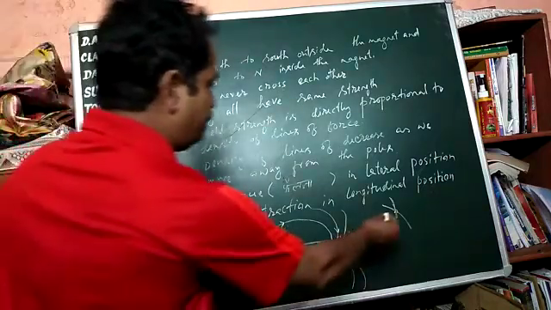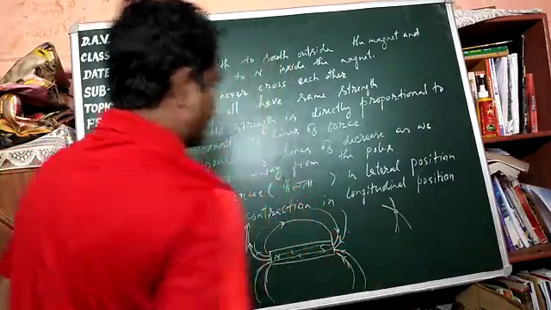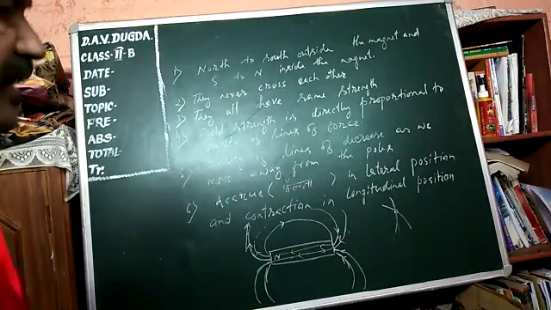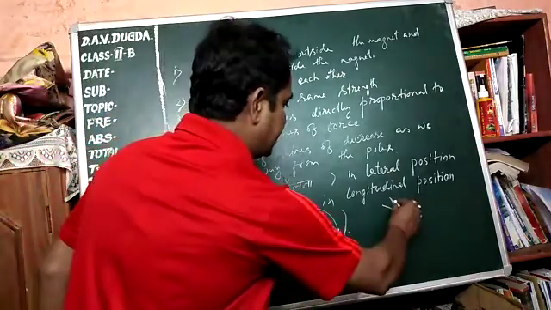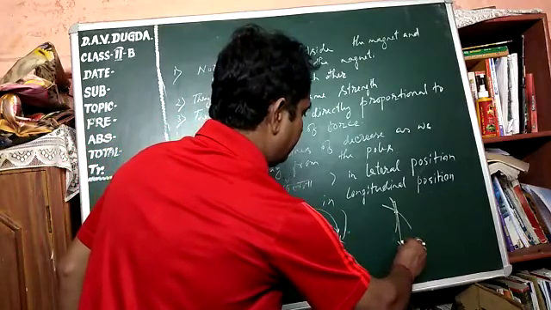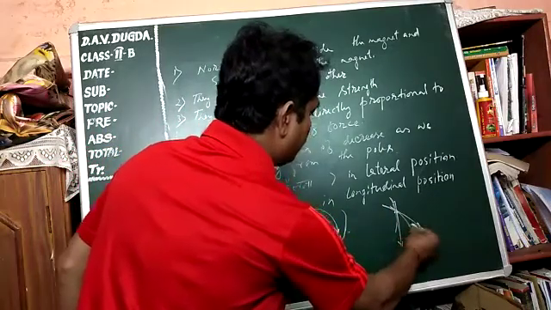Now if two lines of force cross each other, you can draw two tangents, one tangent here and the other tangent here.